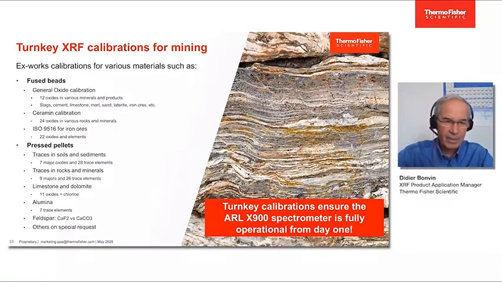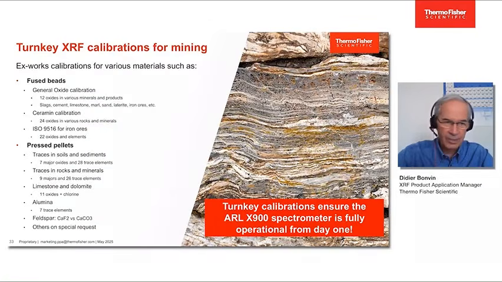Then we have a ceramic calibration where we have doubled the number of oxides that are covered, so 24 oxides, again in various rocks and minerals and ceramics. We have the ISO 9516 for iron ores that I've described previously.